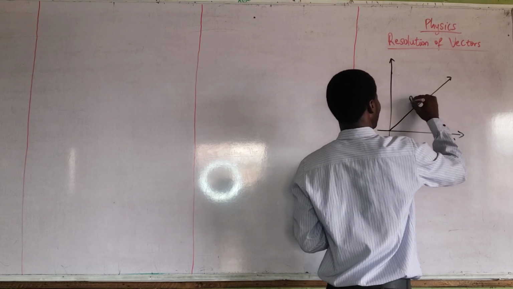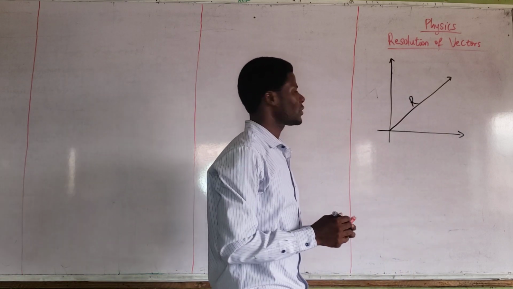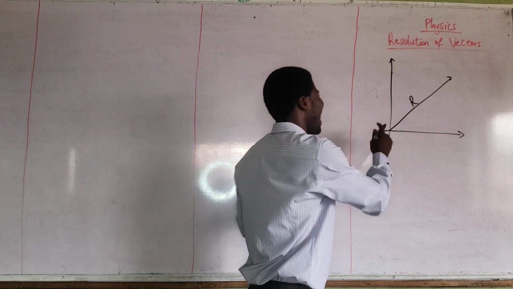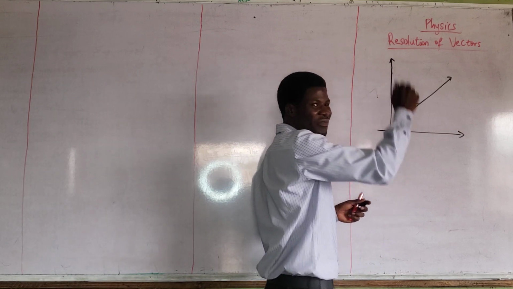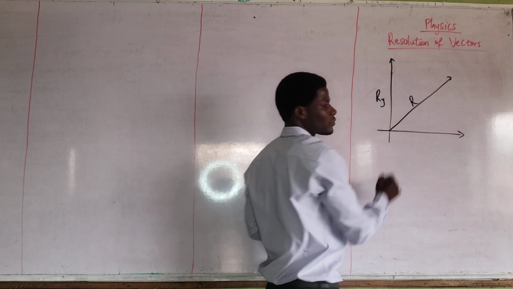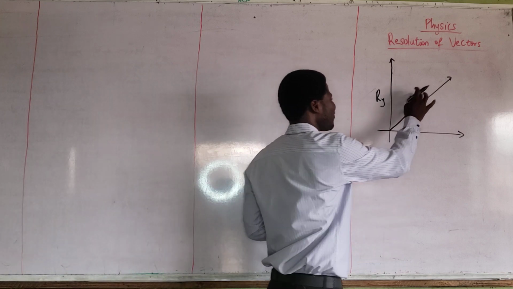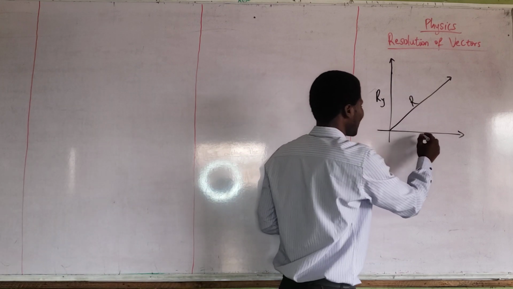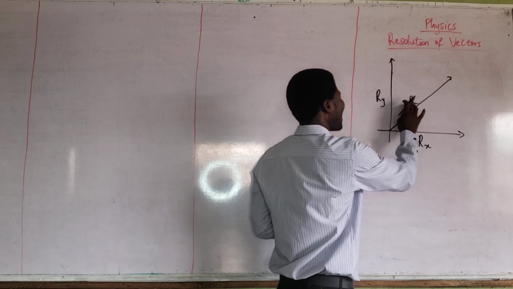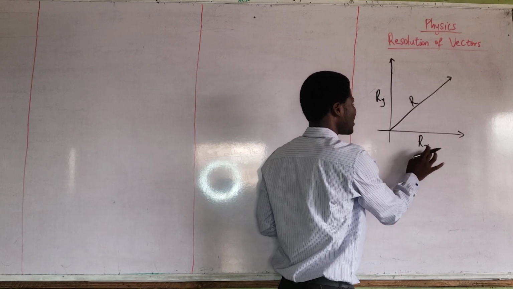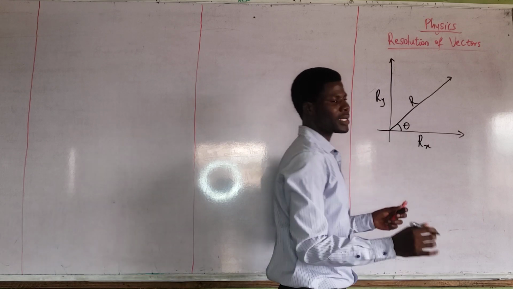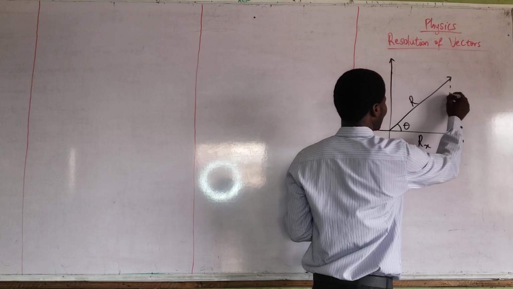Let's say this is the resultant R. The effective value of this resultant along the vertical is the vertical component of R, and we denote that by R subscript Y. The effective value of this resultant along the horizontal is R subscript X. The angle the resultant makes to the horizontal component, let's call it theta. Alright, so let me draw a parallel line to RY.